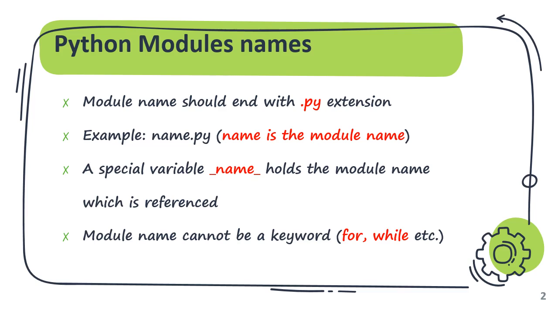When we are calling that module from a particular program, this variable has the name of the particular module. Then a cross matching happens, and if a module with that particular name exists, that module will be imported to our program. So these are the various Python module name conventions.